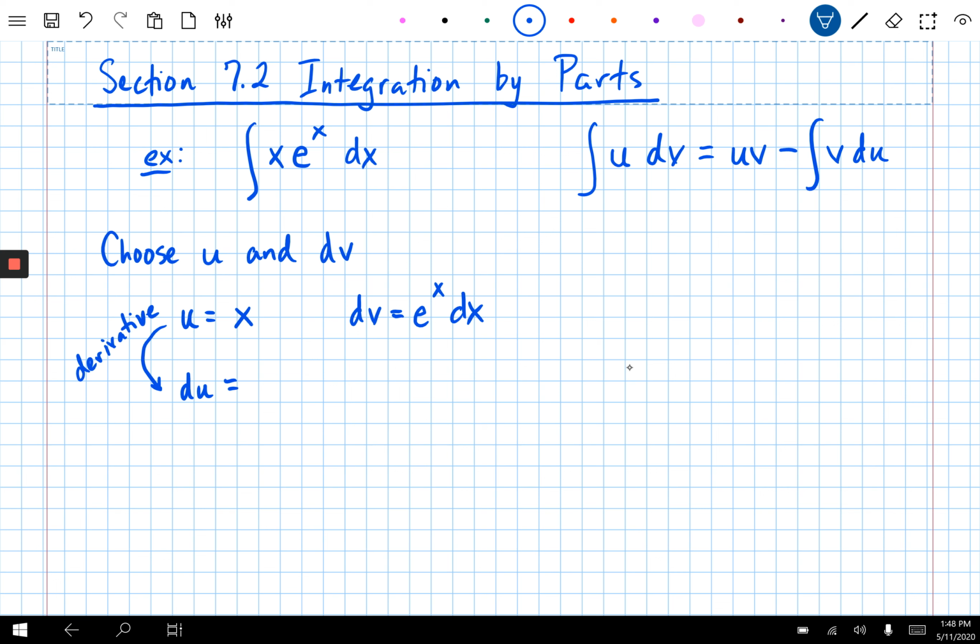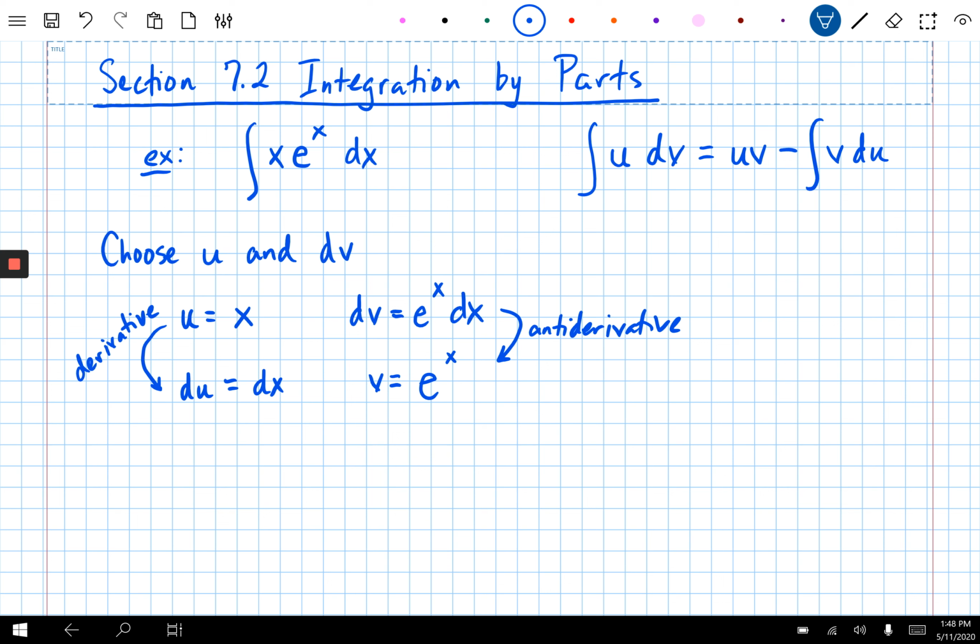So derivative of x is just 1 dx. And then over here, since I started with dv and have to go backwards to v, I'm going to find the antiderivative. So the antiderivative of e to the x is simply e to the x.